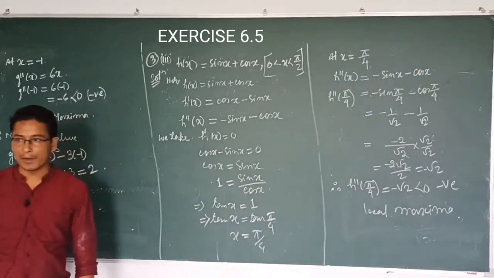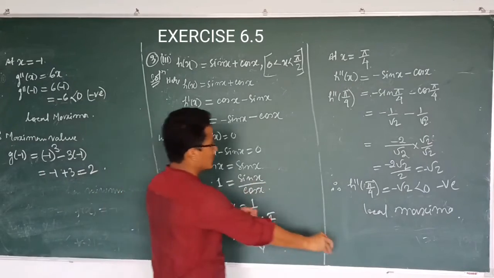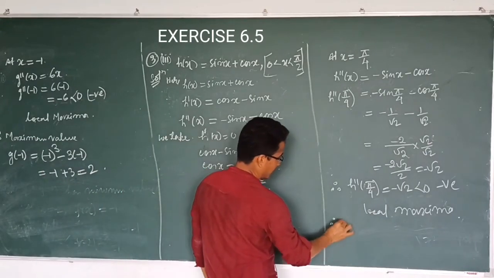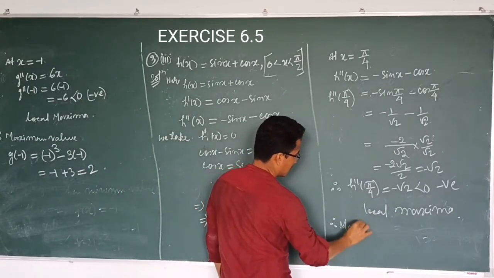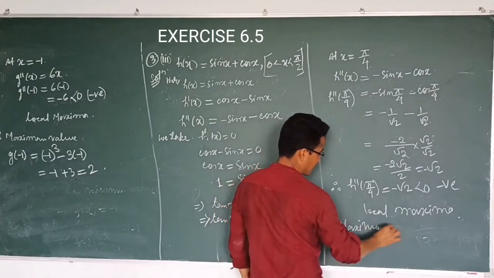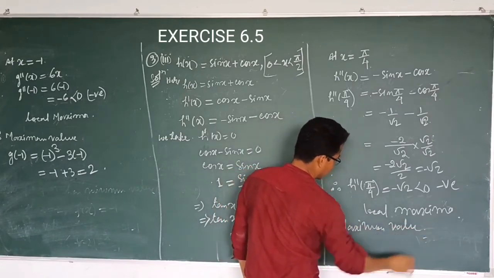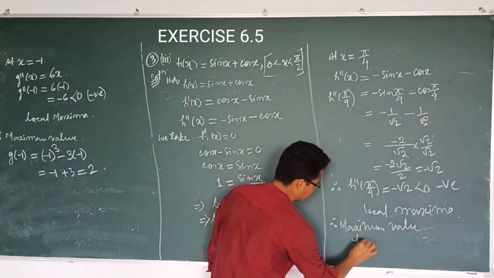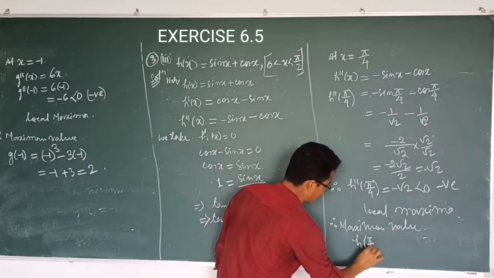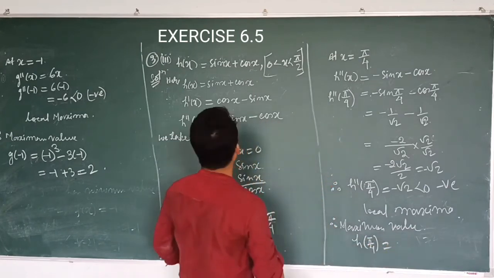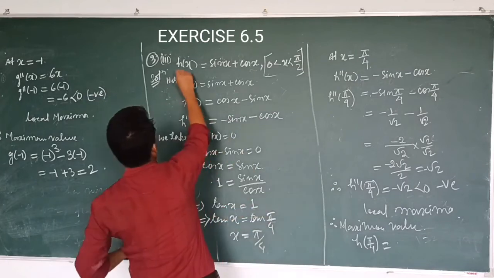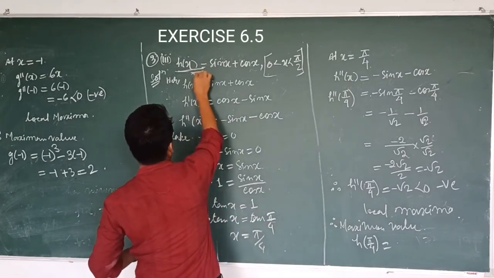Now it's time to find the local maximum value. So the maximum value, what will we get? h of pi by 4. We put it in h(x), the main function.